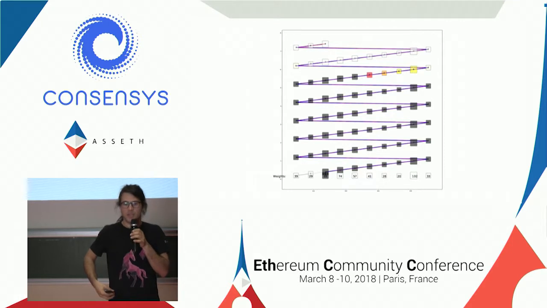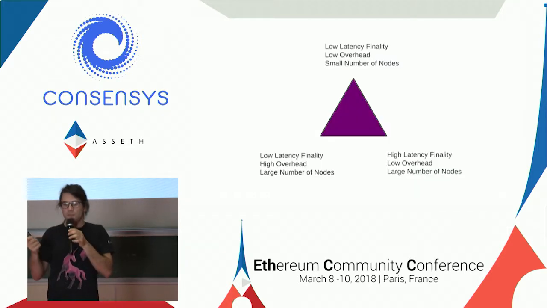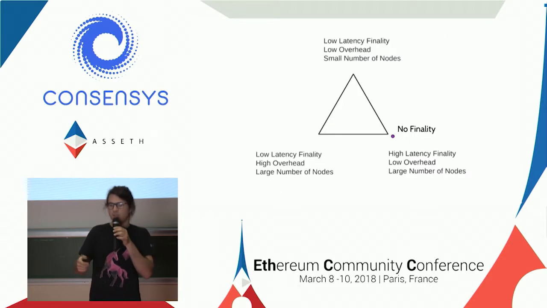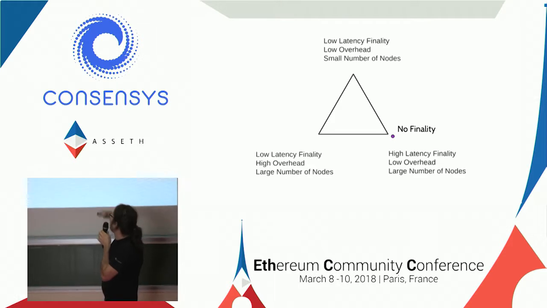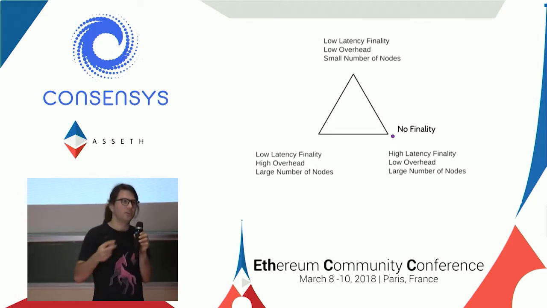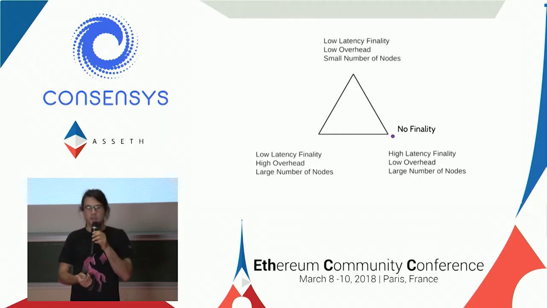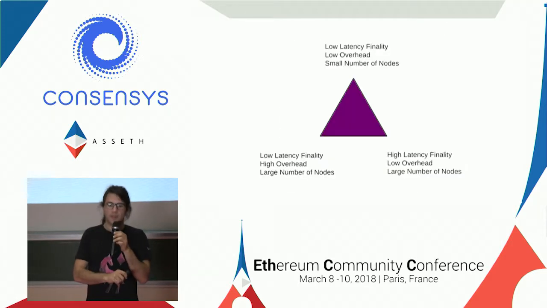And it's quite cool because instead of being off the corner, we get to jump right on there. Instead of a completely unbounded latency to finality, we have latency to finality bounded by the number of validators, like big O of the number of validators.